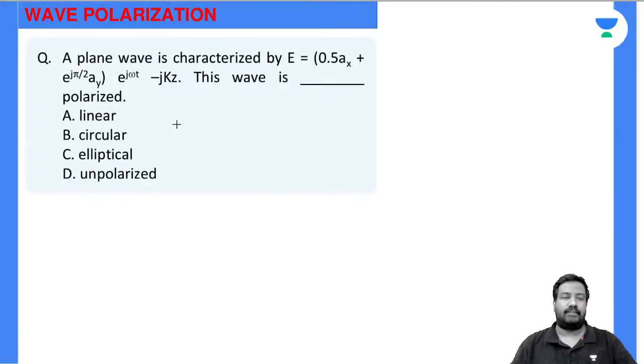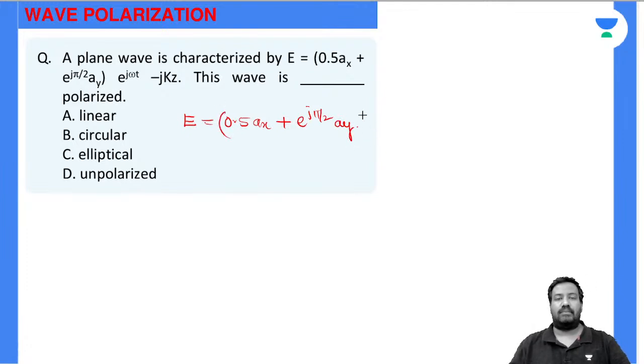Solve this. E is equal to (0.5 ax plus e power j pi by 2 ay) e power j omega t minus j kz.